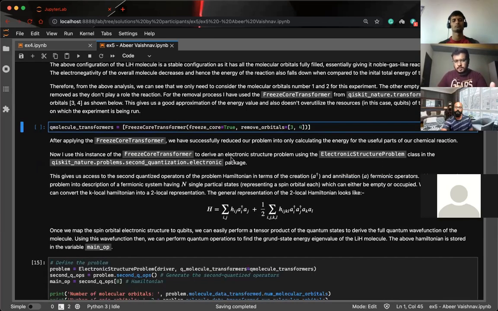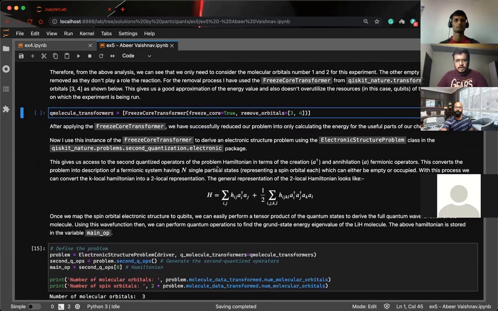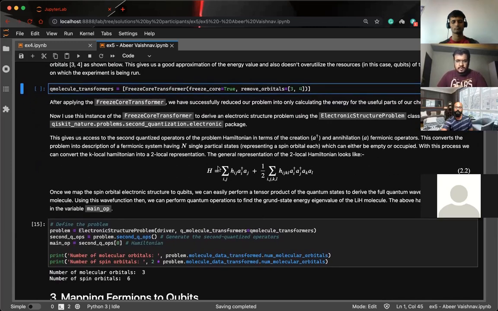Okay, and there are no electrons present in that. Now we take this particular molecule and we convert it into an electronic structure problem. An electronic structure problem is one we encode in such a way that we can define a Hamiltonian for the problem, which defines the energy of the whole system.